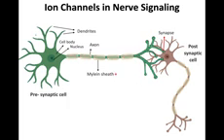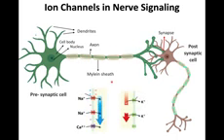Now, signaling in neurons is accomplished via ion channels. There are three different kinds of voltage-gated ion channels in neurons: voltage-gated sodium channels, voltage-gated potassium channels, and voltage-gated calcium channels.